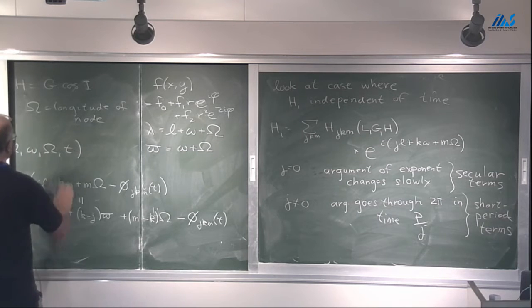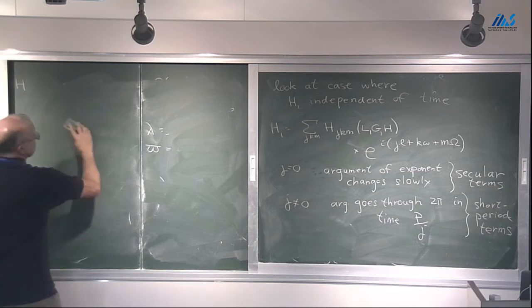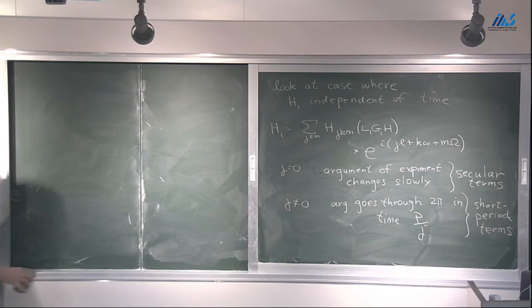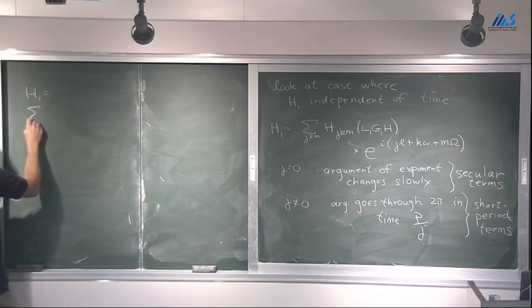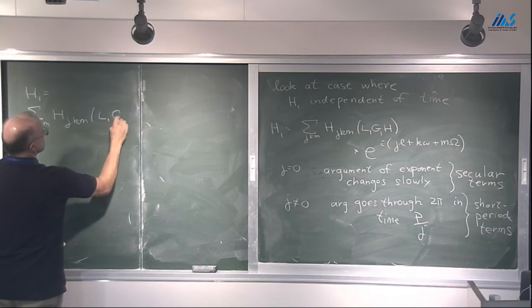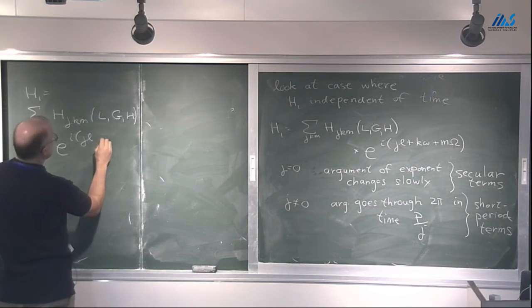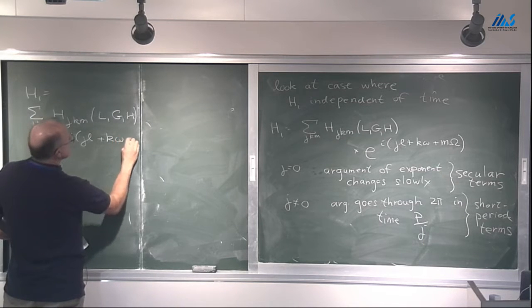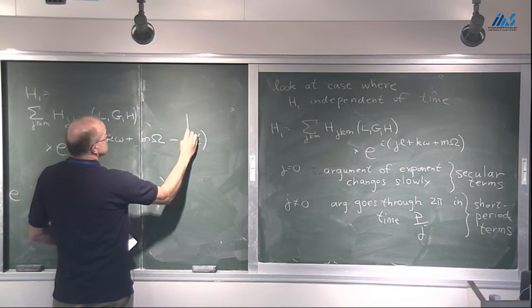And finally, if you look at the case where the driving force, the driving potential, has a single frequency, then H1 is the sum over J, K, M of H_JKM of L, G and H times e to the i (J lambda plus K omega plus M capital Omega minus nu t), where nu is the driving frequency.